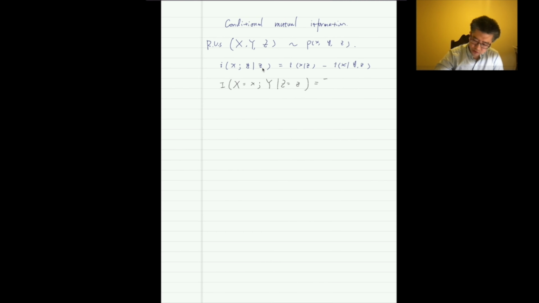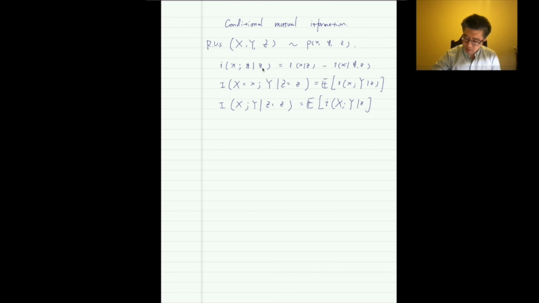That's the average of this over y, so it's small x, capital Y, and then z. After that, we can take the average on x, given z equals small z, so that is the expectation of I(capital X, capital Y given small z).